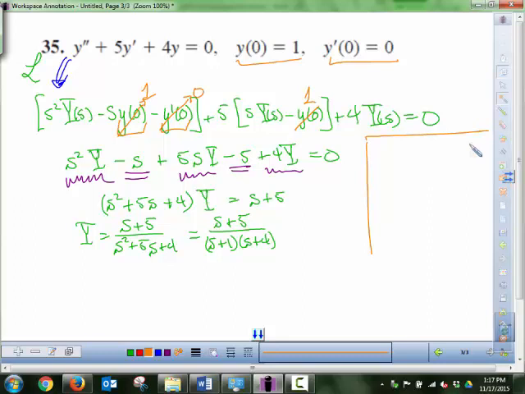So I'll use the partial fractions business to break this up. I have s plus 5 over s plus 1, s plus 4 equal to A over s plus 1 plus B over s plus 4.